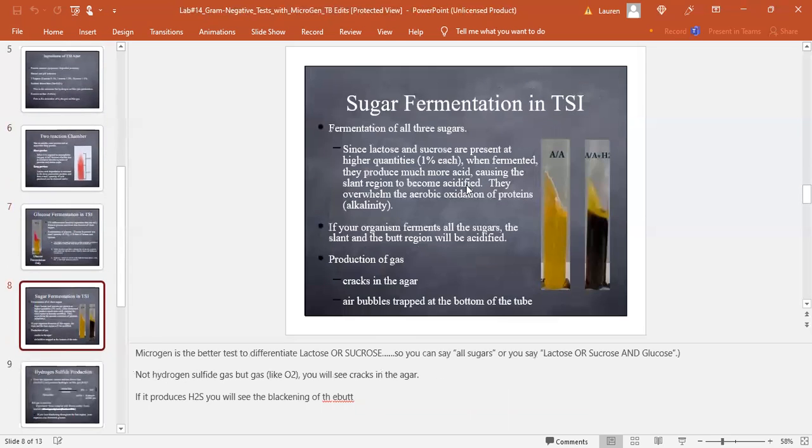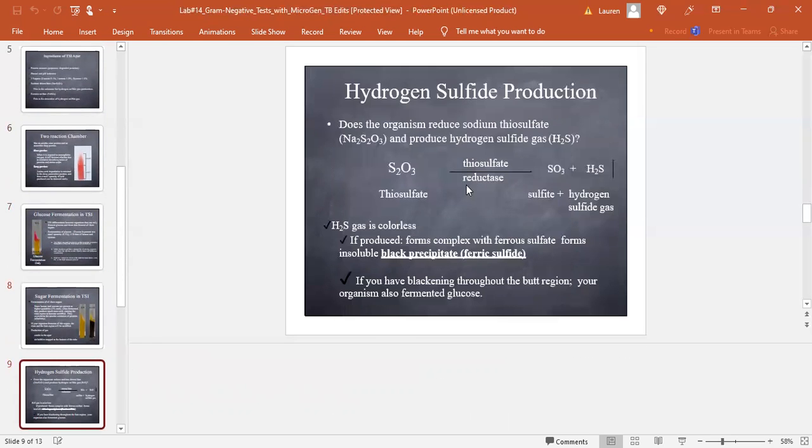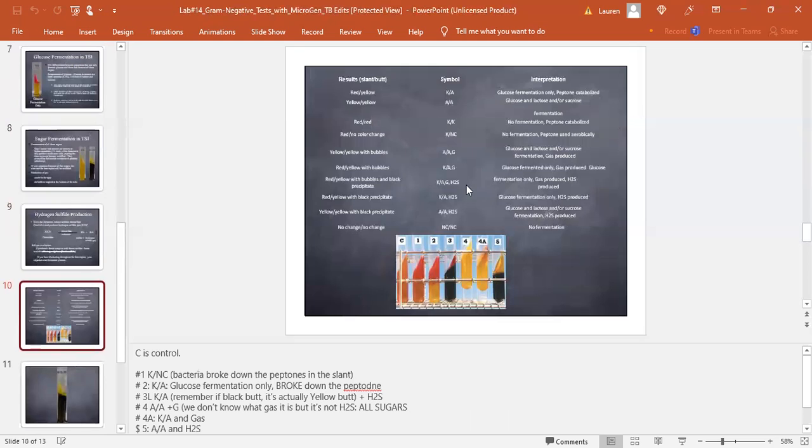But let's look at some types of reactions that we can see. On the far left is our control. There's no change. This is the color it started with, and this is the color we ended with. If we move on to number one, we see that same color we started with, but a deeper pink color up on the slant. So what do you think that means?